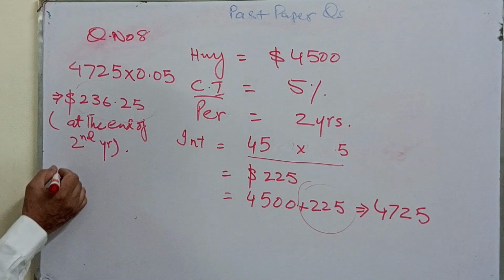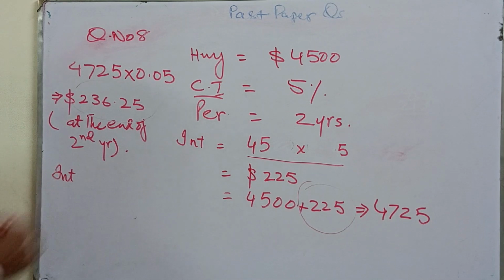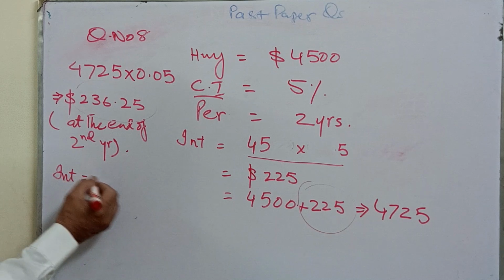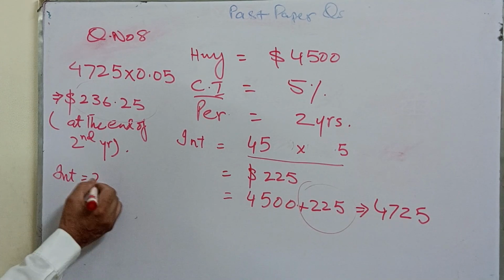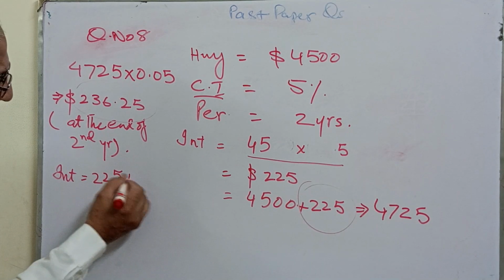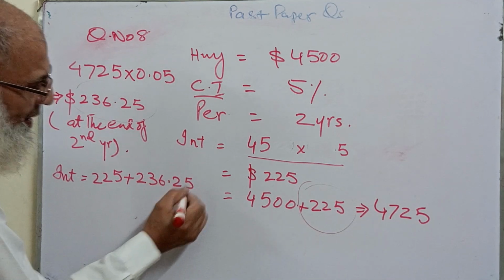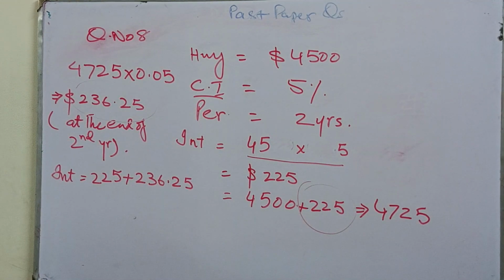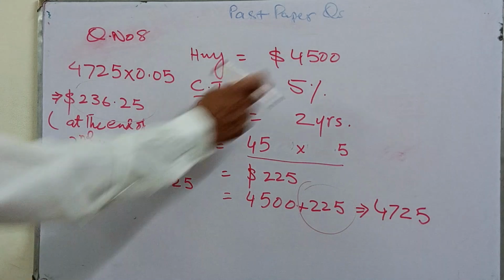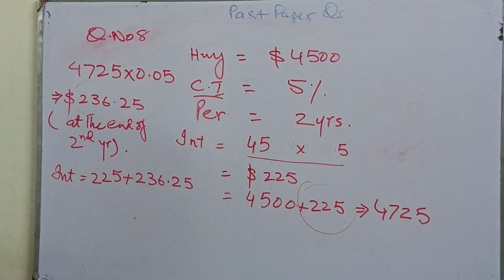Now interest after the second year is equal to interest in the first year plus interest in the second year. This is the total interest which he has to pay along with his principal amount.